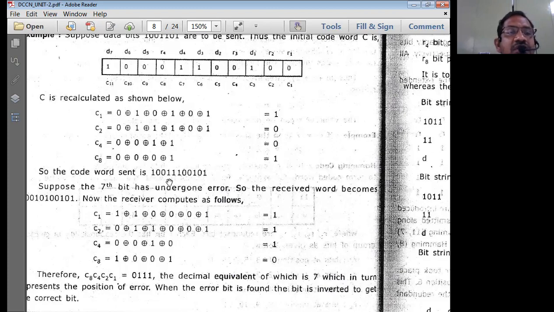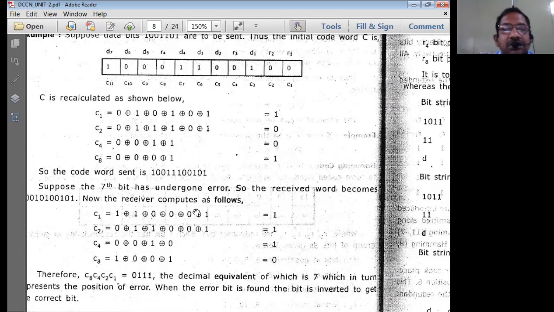C8 is 1, I replace C8 over here. Then C7, C6 are going to be 1, 1. Then C5 is 0. What about C4? C4 is also 0. Okay, so C1 has been changed. Before that it was 0, now this is 1. So like this, we can write the entire code in this format.